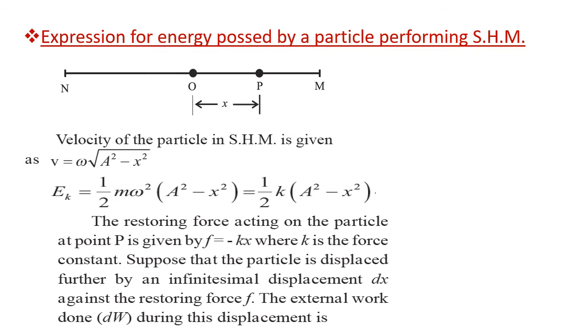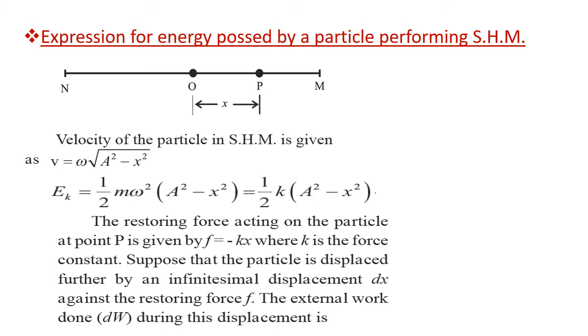So when we have to talk about the expression for kinetic energy, we have to consider the equation which shows us the velocity of the particle, and we have already derived that velocity of a particle in simple harmonic motion is given by v is equal to omega under root a square minus x square, where a is the amplitude and x is the displacement. So the symbols carry their usual meaning. This is nothing but the expression for the velocity of a particle.